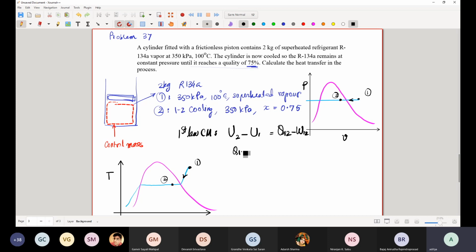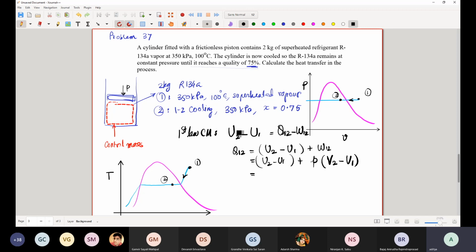Okay, so what is Q12? It is U2 minus U1 plus W12, and because it's a constant pressure process, we can write this as U2 minus U1 plus P times (V2 minus V1). I have assumed that the kinetic and potential energy are not going to change, so I have cancelled them out.